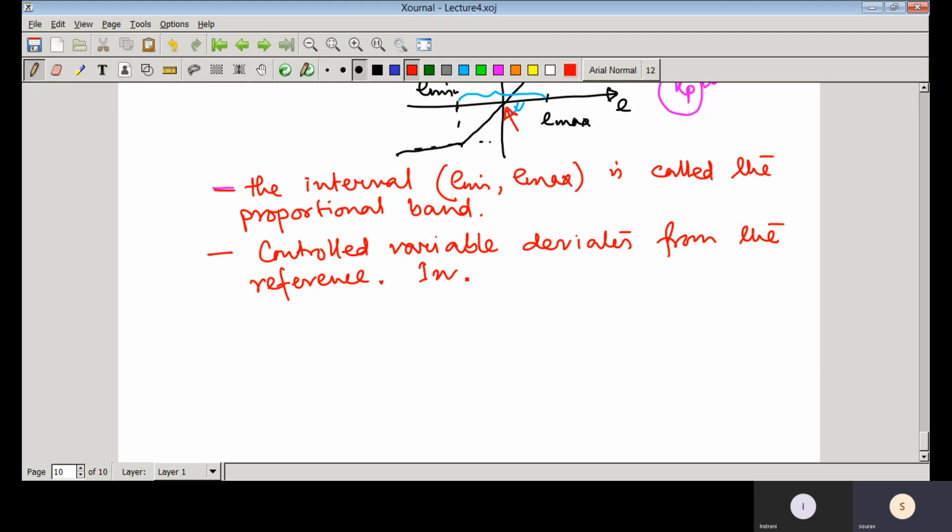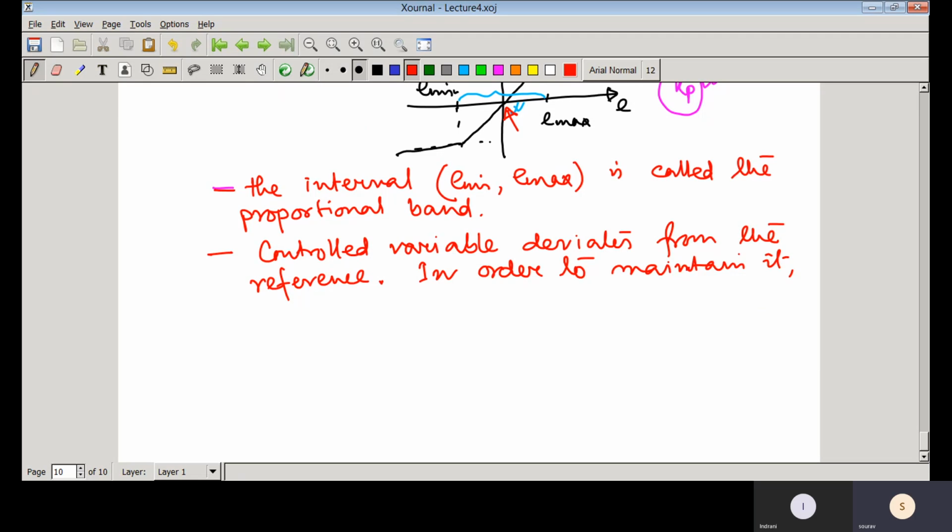Whenever the output y, the control variable, tracks the reference command, then error would be equal to 0.